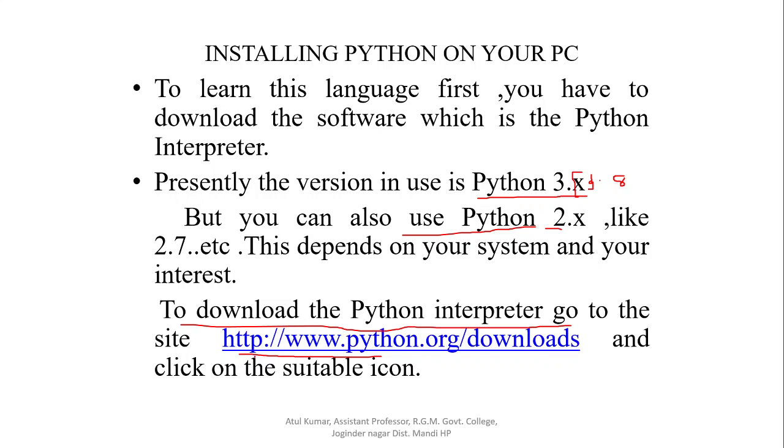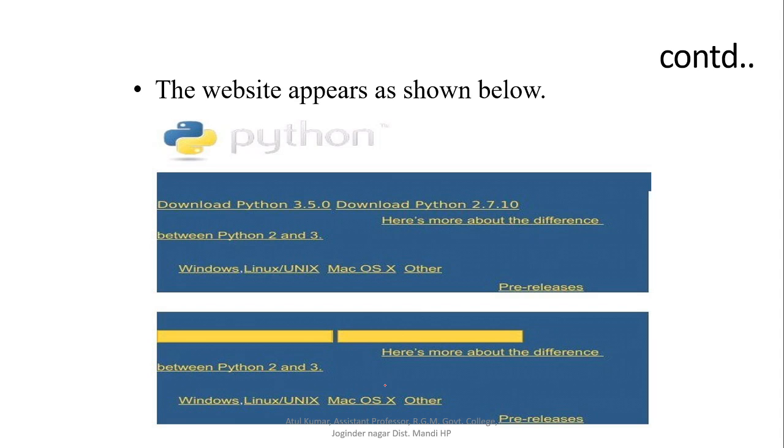To download the Python interpreter, just click on this link, www.python.org/download, and click on the suitable icon. When you open the website, there are different Python installers available to download. Depending upon your system requirements and specification, you can download any kind of Python installer.